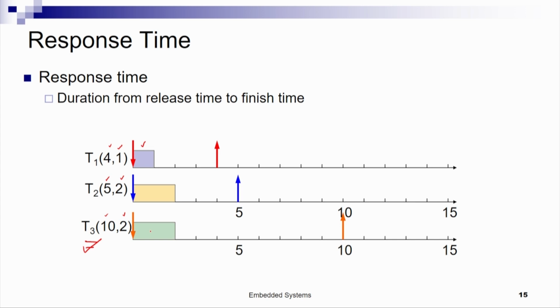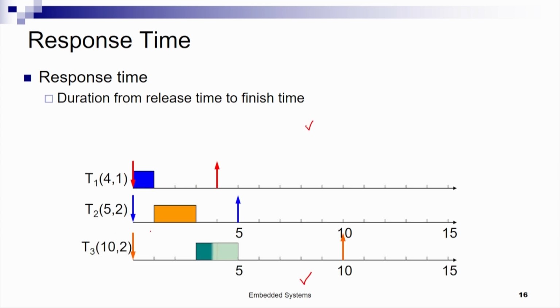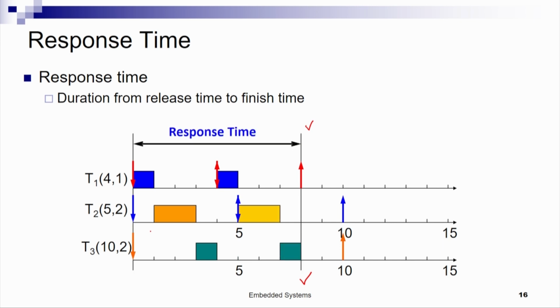Now, if we see the execution order under RM, it will be something like this: T1 executes, T2 executes, and then the first part of T3 executes, then T1 executes again, and after T1 executes, T2 executes at 5, completes its job, and finally, the last part of T3 executes and completes execution at time 8. So, the response time of the first job of T3 is 8.